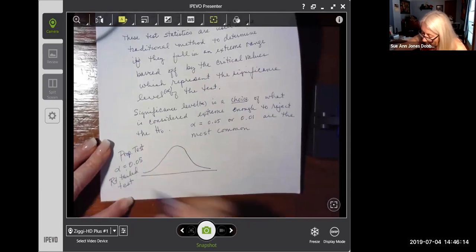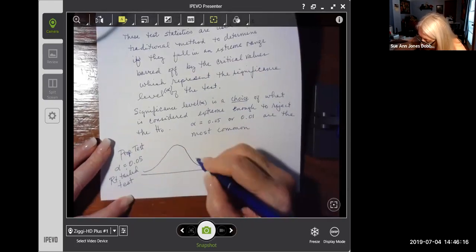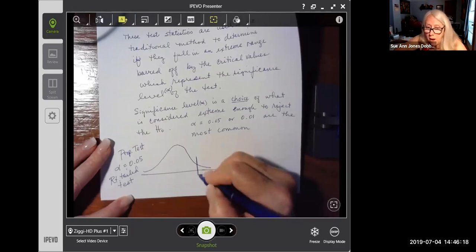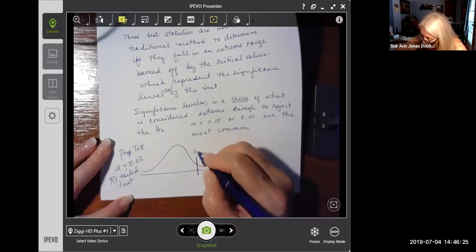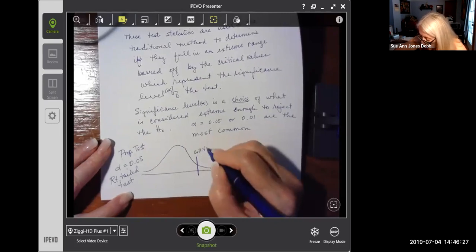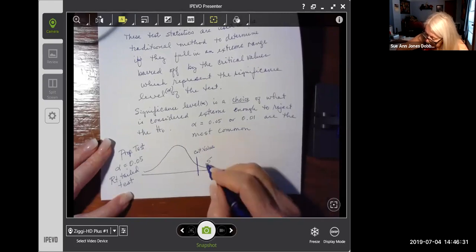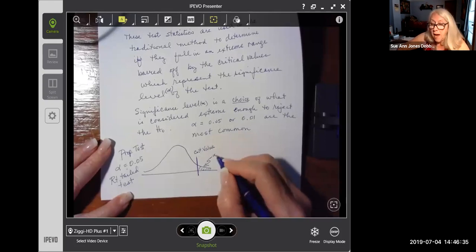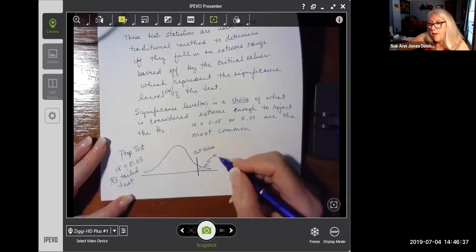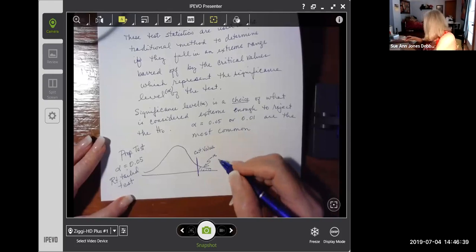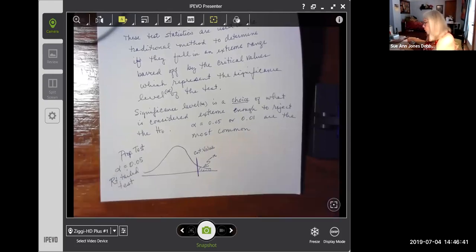That would indicate that there was some value up here on the right that was the barrier, and we call it a critical value. It's a barrier number that defines extremity. And the size of this area is alpha. Now, I can determine what that value is by using the Z table.